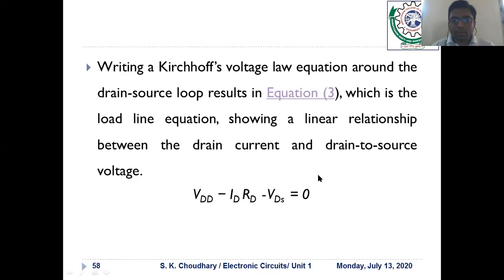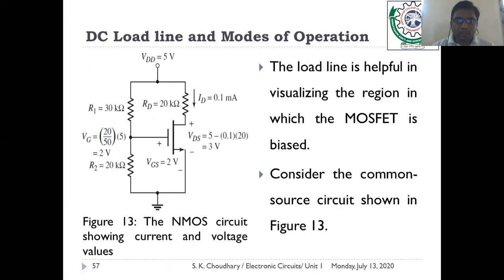So as per the KVL, what is the equation here? VDD minus IDRD minus VDS is equal to 0. It is very clear from the diagram also: we start from VDD, minus IDRD, minus VDS is equal to 0, up to the ground point.